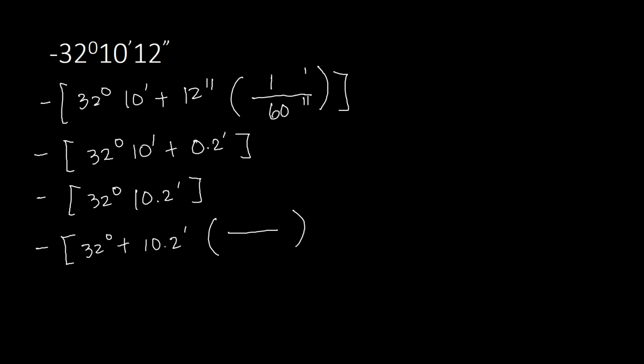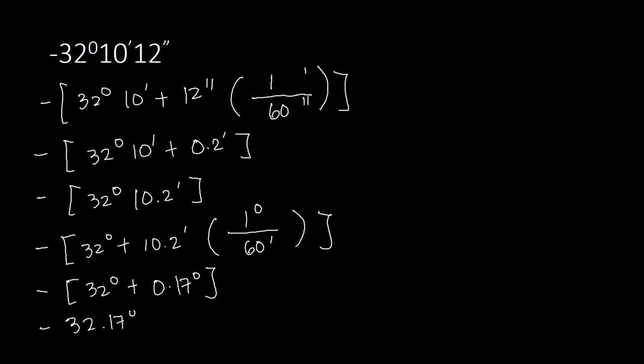So we have the conversion of 1 degree equivalent to 60 minutes. So dividing that one, we have negative 32 degrees plus 10.2 divided by 60 is equivalent to 0.17 degrees. And then adding that one, we have that as negative 32.17 degrees.